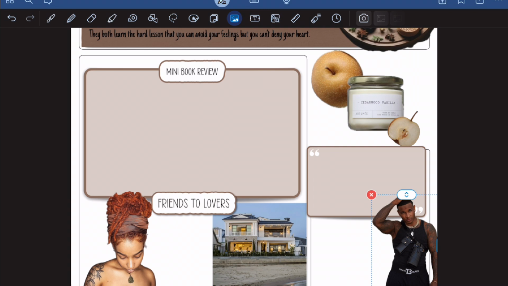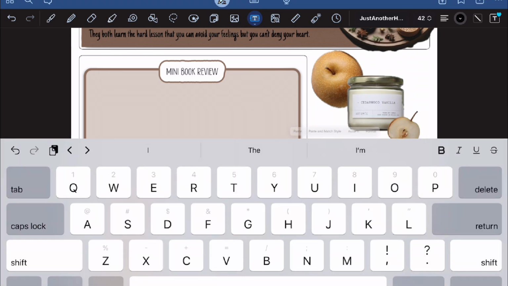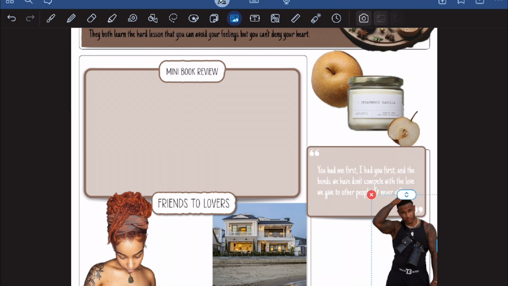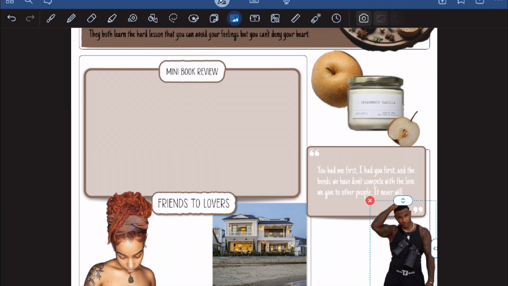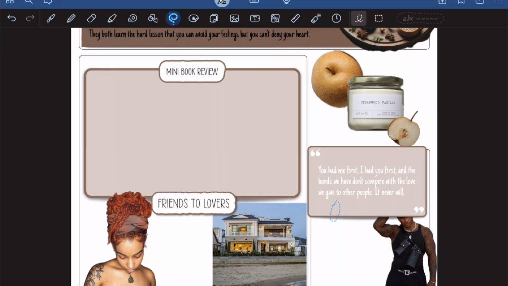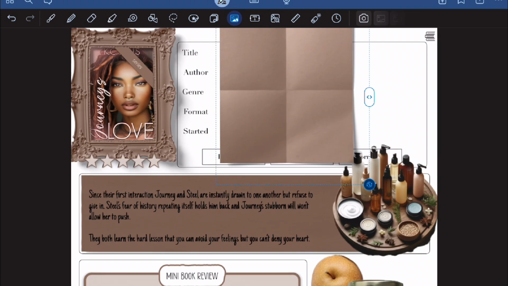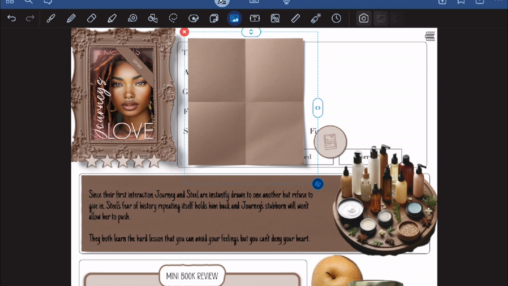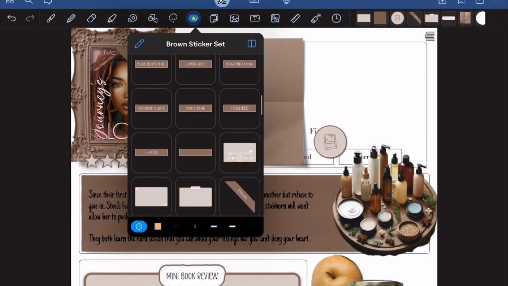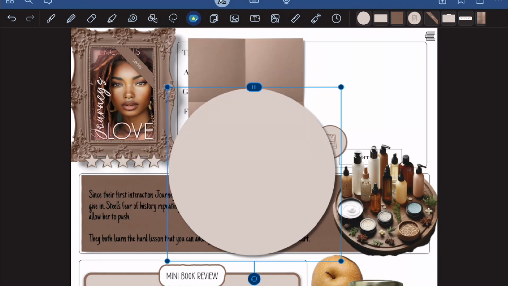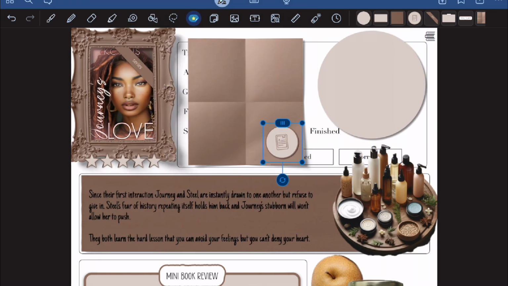We get a little bit of their chemistry and attraction to each other in the first book, but we don't really see too much of their relationship in that story. We get a lot more in Journey's story. They've grown a friendship, but it's obvious that there's more going on between them that neither one really wants to talk about, because of their own personal issues or traumas from their past.